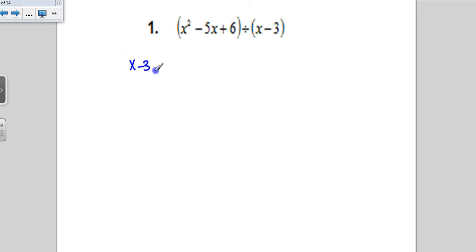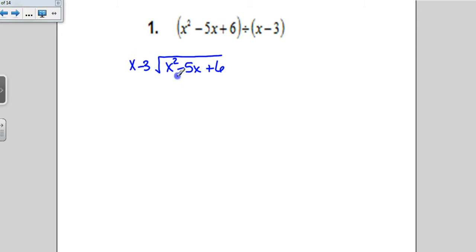X minus 3 goes outside of this little division symbol, and then the x squared minus 5x plus 6 goes inside the division symbol. So, instead of looking at this as an entire polynomial, you really just want to look at it from the first term. So we think about taking x and dividing it into x squared.